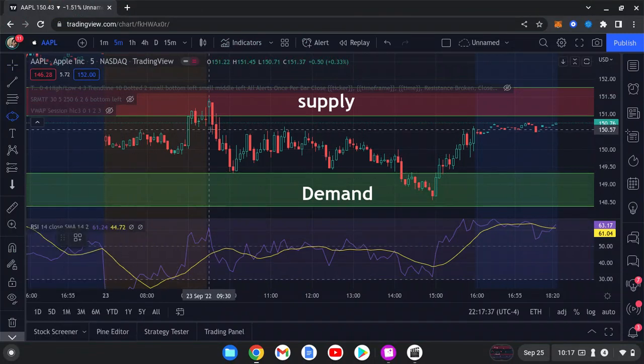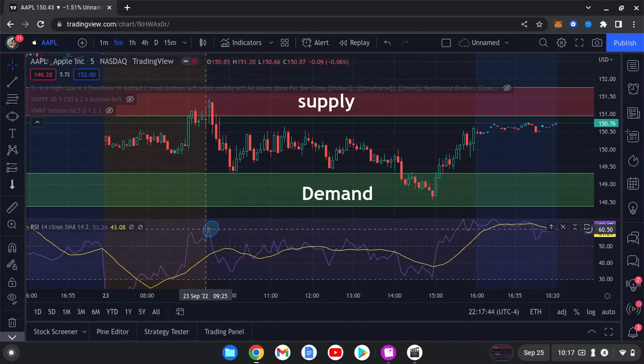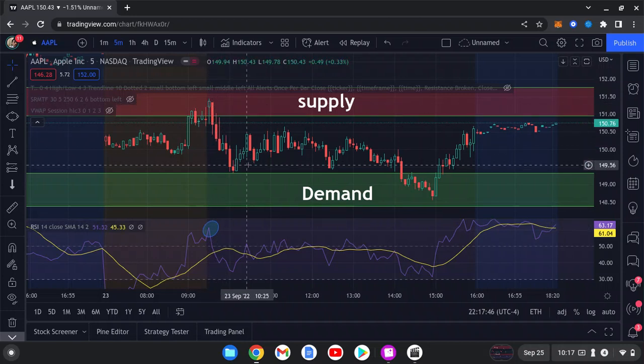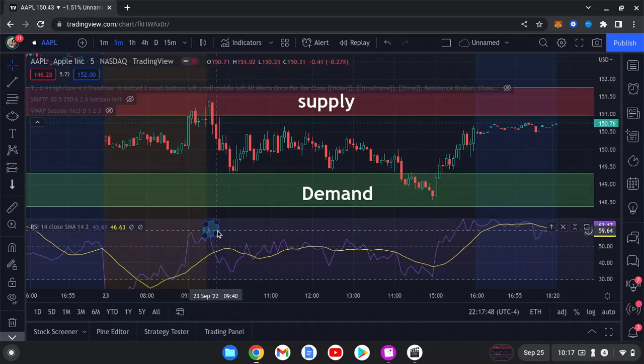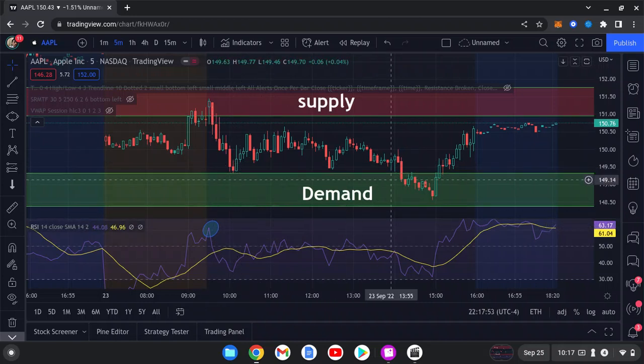So right here, we're in the supply zone, and I would see is the RSI telling me that we're kind of overbought and that we can expect some selling pressure, and the RSI is at about 60.